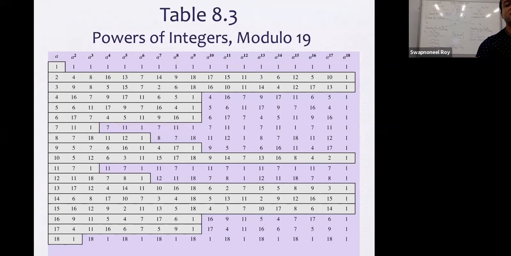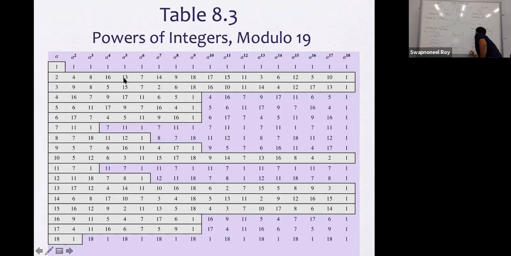The fourth element here is 2 to the 4 mod 19, equal to 16 mod 19, equal to 16 again, because 16 is still less than 19. Then we have 2 to the 5 mod 19, which is equal to 32 mod 19, which is equal to 13, because 32 minus 19 is 13. So 32 divided by 19 would leave a remainder of 13.